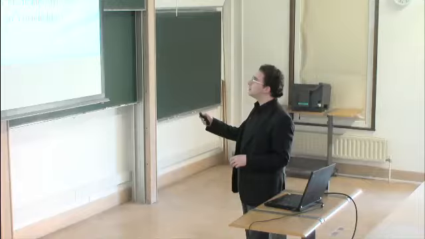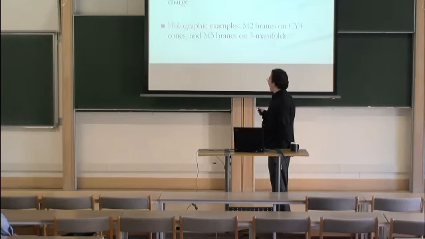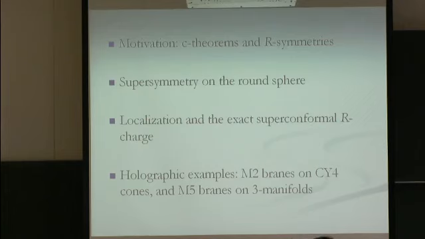And I'm going to really only talk about this in the context of supersymmetric theories, so I'll tell you how to put them on round spheres, which you probably know, but I'll review that, how they localize, and then I'll talk about these holographic examples.